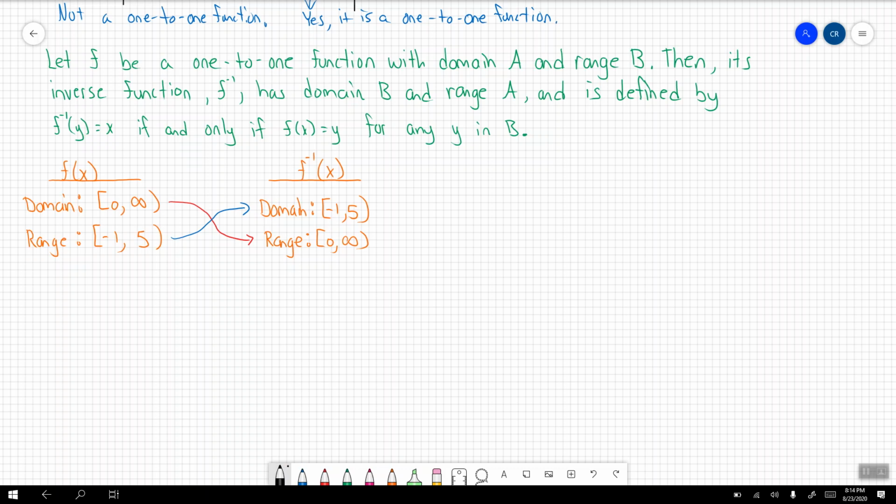Great. Now let's extend this a little bit further. So what I want to do here is determine if the function is a one-to-one function.